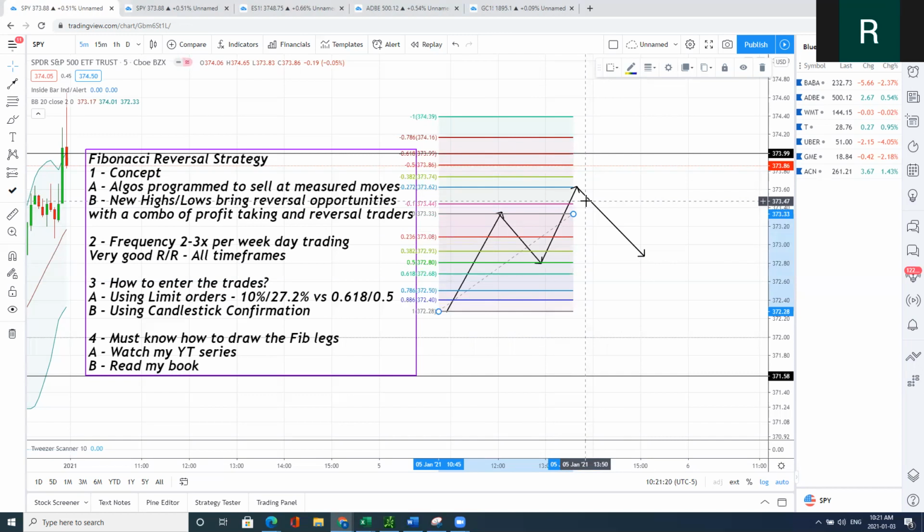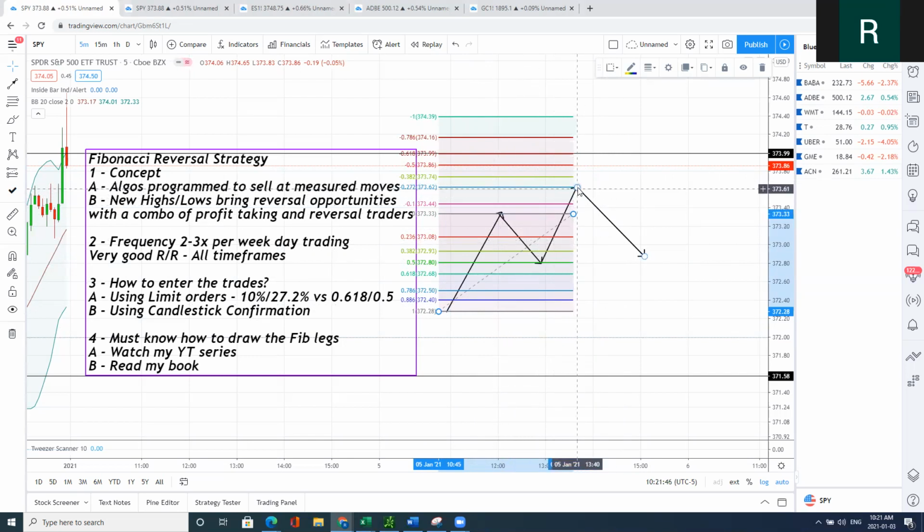Okay. So again, this works because the algorithms are programmed to buy at specific retracements and to dump at specific extensions. Usually they dump anywhere between the 10% to about the 50%. So in this zone here, okay? So in general, new highs or new lows in the market, depending on the trend, will bring two types of traders.